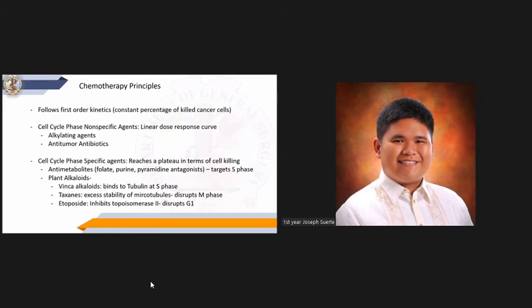As for the cell cycle specific agents, they reach a plateau in terms of killing. So when they reach that level, any more of the drug you add will not increase the cell killing. So we have your anti-metabolites, which are usually your folate, purine, and pyrimidine antagonists. They target your S phase.